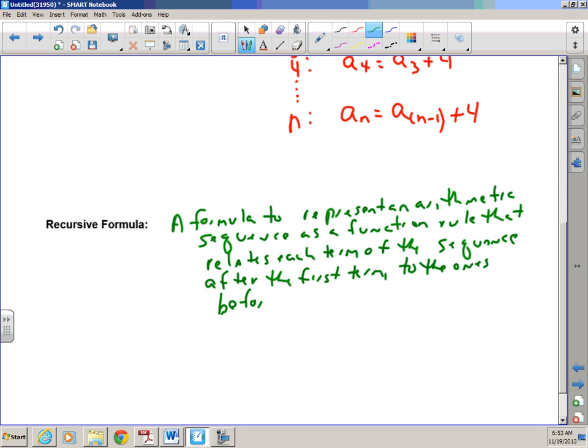The first term is always just given to you. That's our starting point. It has nobody before it.